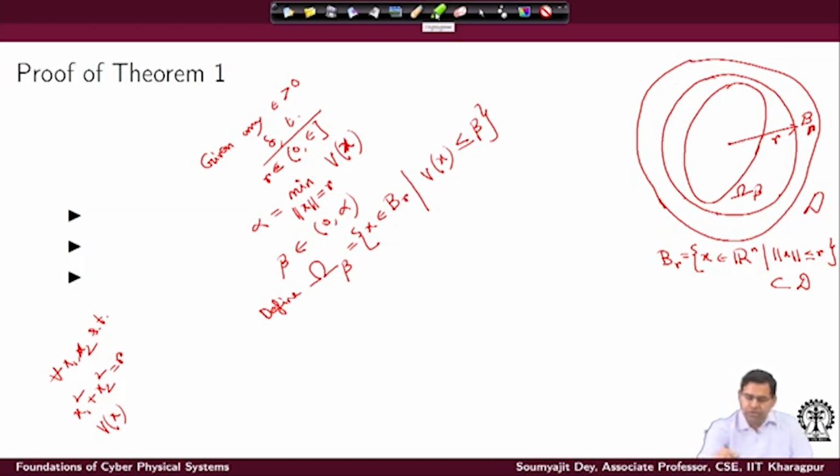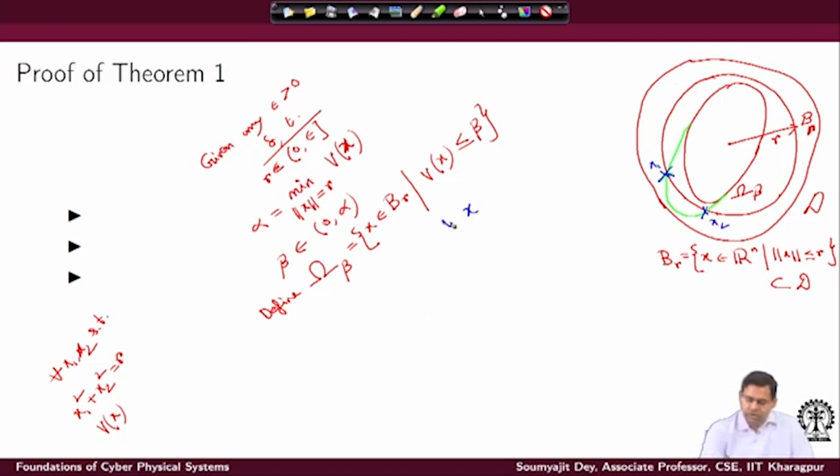Let us just assume, let me just draw an alternate picture. Let us say this is not omega beta, but rather something like this is omega beta. Then what will happen? I have a point here and I have a point here, which are all members of omega beta, and they are also located on Br. Let them be x1 and x2.